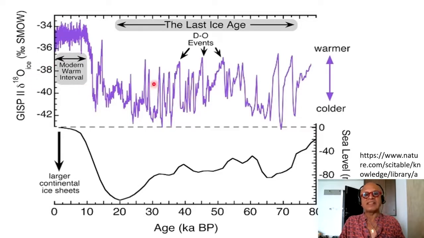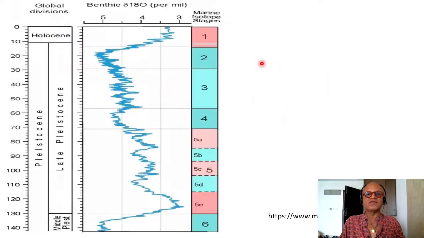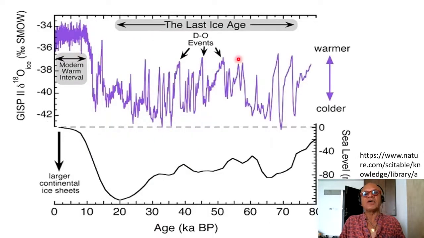So you have to remember benthic versus ice core data. Delta O18 signature goes the other way. So here we are again colder, but now more depleted in O18. Warmer has less depletion, which is obviously different than what we were looking at here in the positive scale.